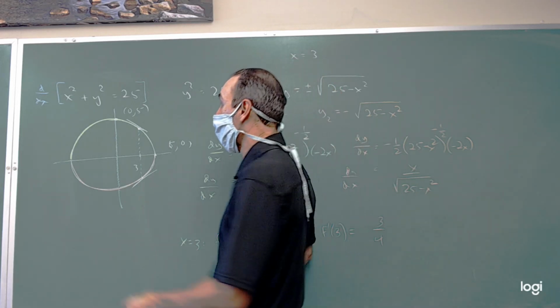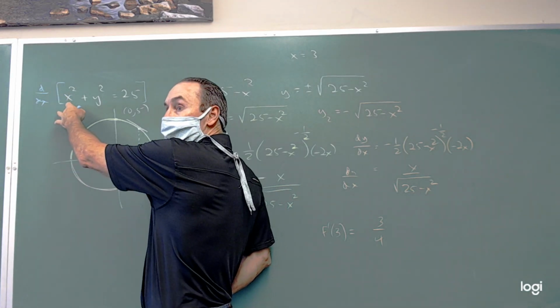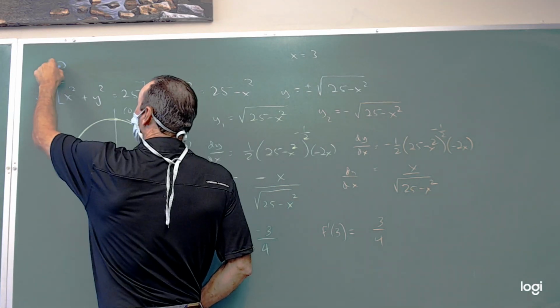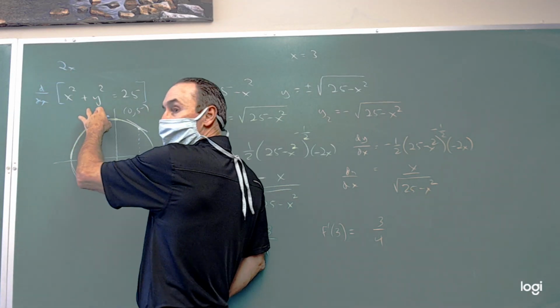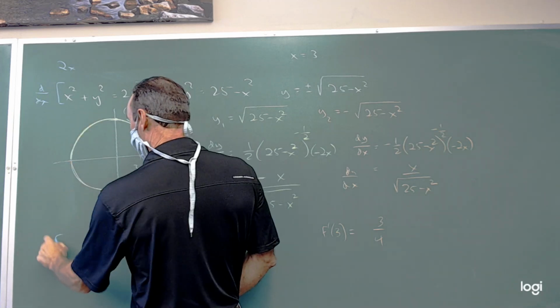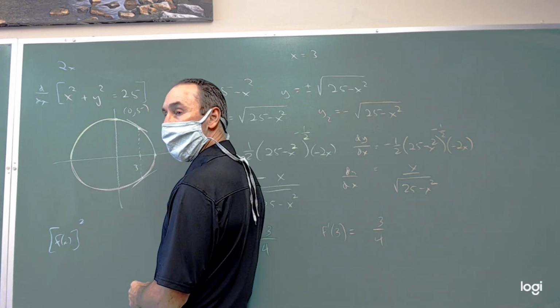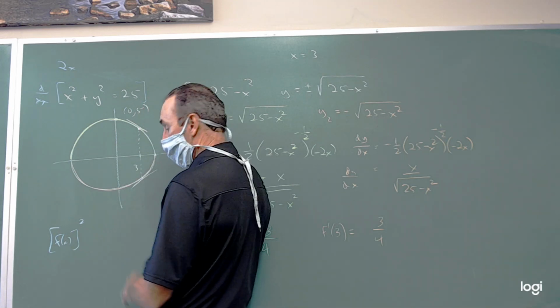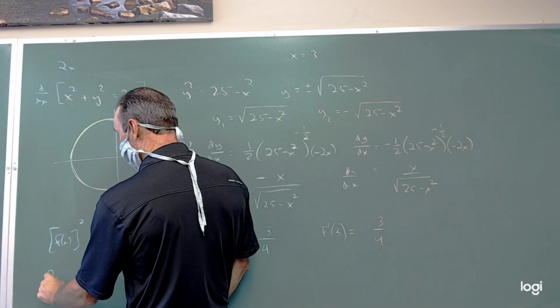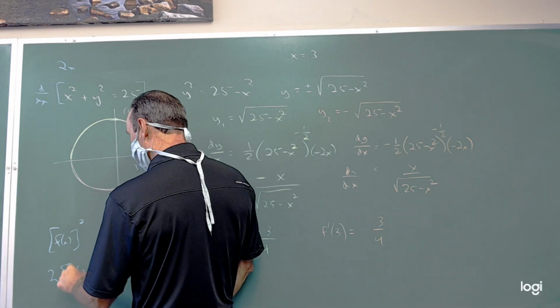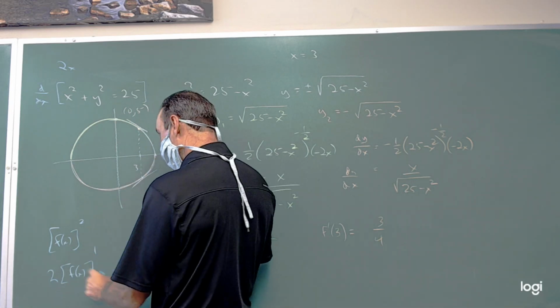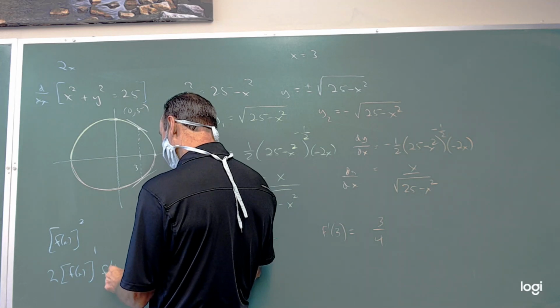Let's see what that looks like. So the derivative of x squared is 2x. Now, this we're treating as a function. So you're thinking of that sort of without writing it this way. It's some unknown function to the second. So the chain rule derivative is we're going to go 2 times that function to the first, and then times the derivative of the inside function.